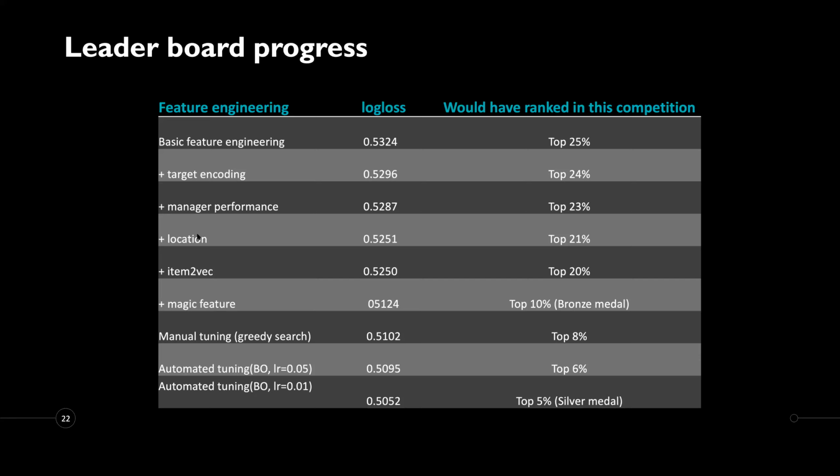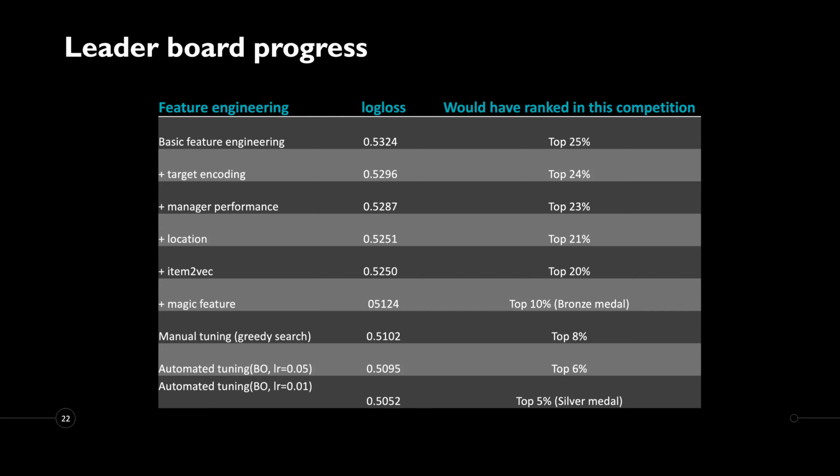So recall last week, after adding the magic feature, we ended up with 0.5124, which is approximately a top 10 solution. And by top 10, it means you would get a bronze medal in this case.